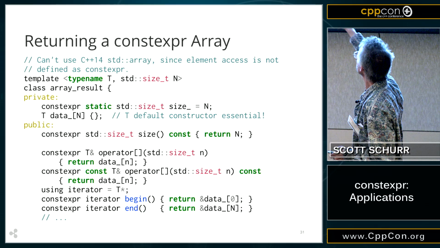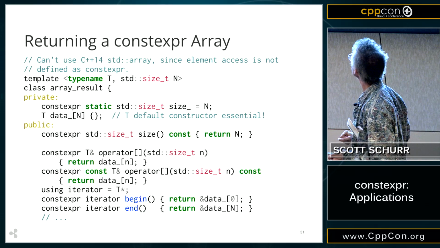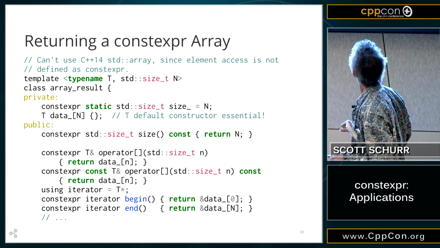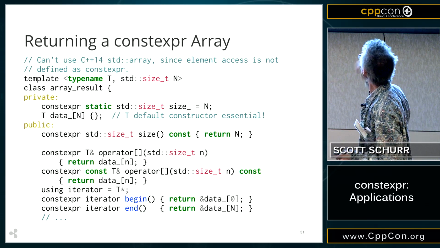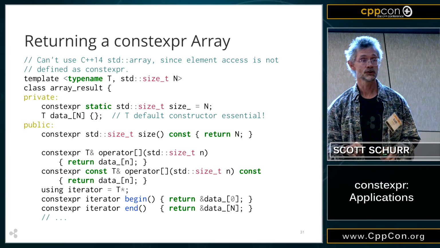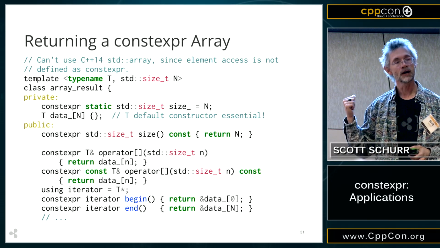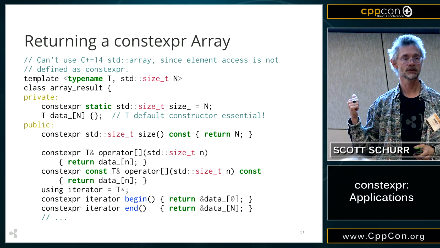So using a little bit of template trickery up at the top, the size T N determines the size of the returned array. It turns out this is very close to standard array.